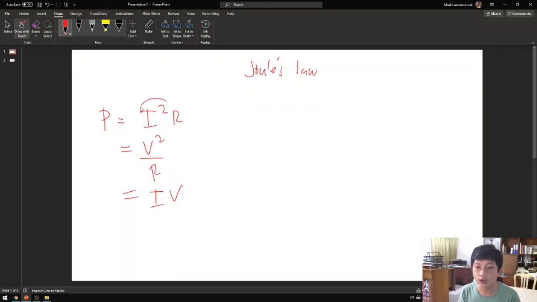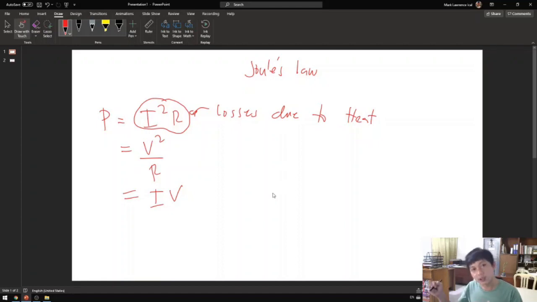You're going to use I squared R when you talk about heat losses, losses due to heat, because remember, everything that has a resistance prevents current, or prevents electrons, from moving.